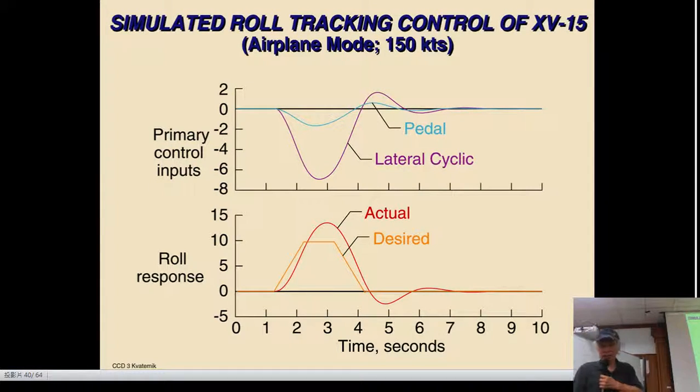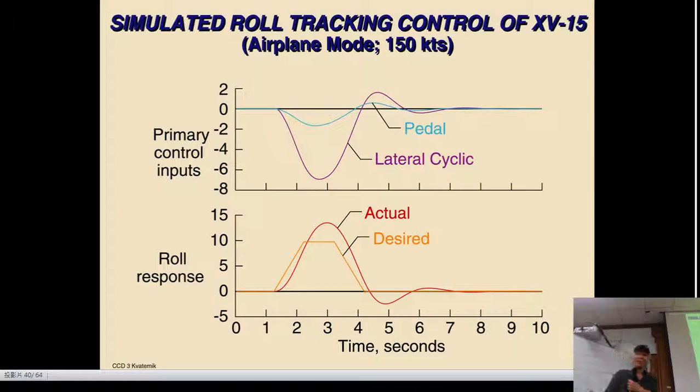Look at it carefully here, because I don't know the XV15 well enough to explain all the physical meaning of this. However, the point of this slide is that you have a desired response for your roll response. Roll response means you want to fly, roll, fly. When you want to roll, I want to say, can I have this kind of sharp roll? Desired sharp roll, right? That's what I want to do.